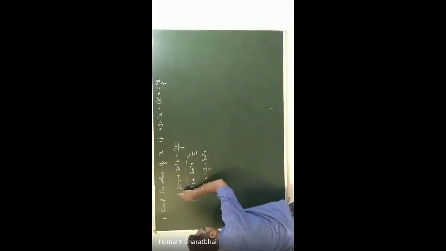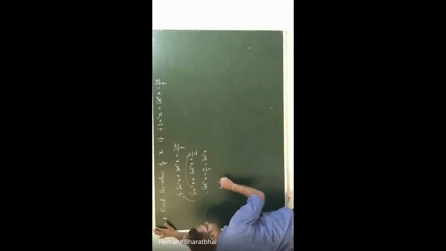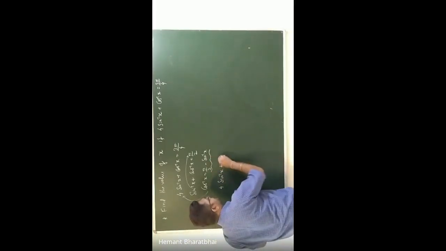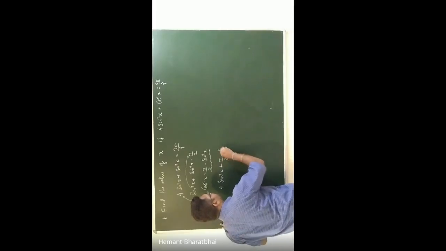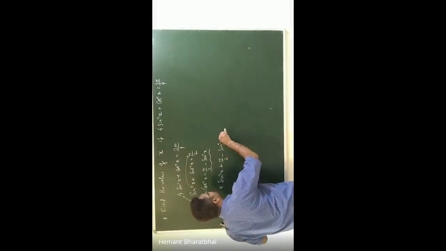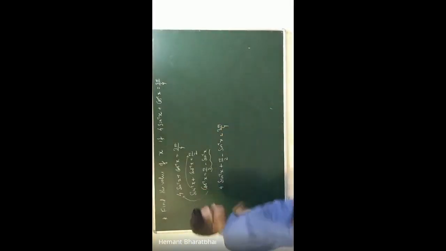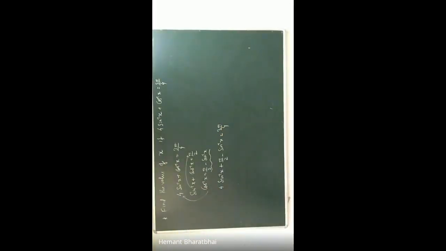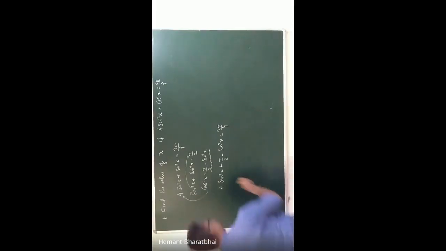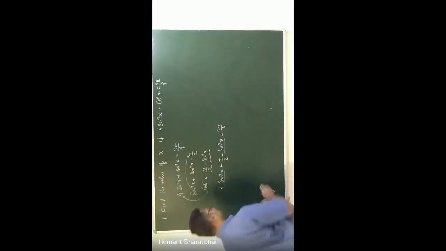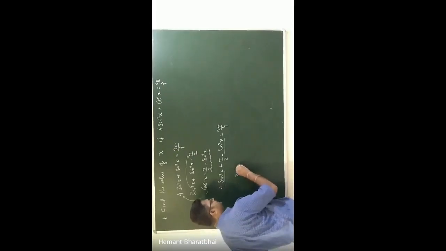So I'll put this value over here, so I'll get 4 sin inverse of x plus, now instead of cos inverse of x, I can write pi by 2 minus sin inverse of x is equal to 3 pi by 4. So now we have over here 4 sin inverse of x minus sin inverse of x, which will be 3 sin inverse of x.